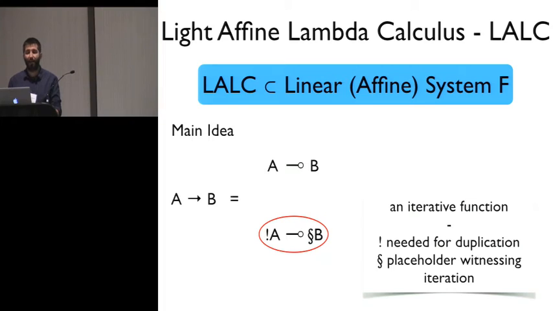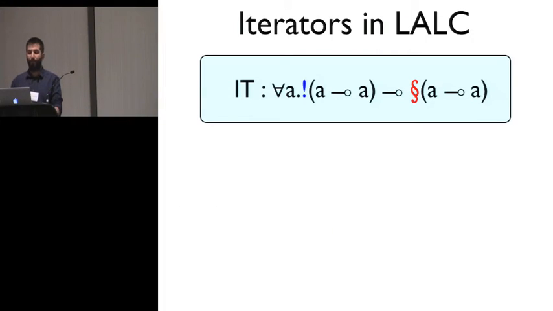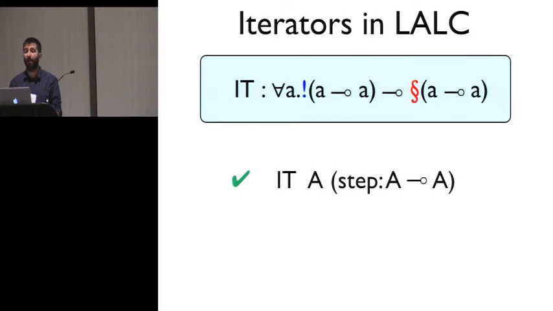Let me give you an idea why this limits the computational power of System F. If we consider iterators in this language, they have this type, iterators like Church numerals. If you strip the modalities, you will see the type of System F Church numerals. Now, if we try to apply this iterator to a linear function, everything goes well. We can iterate a linear function as much as we want.